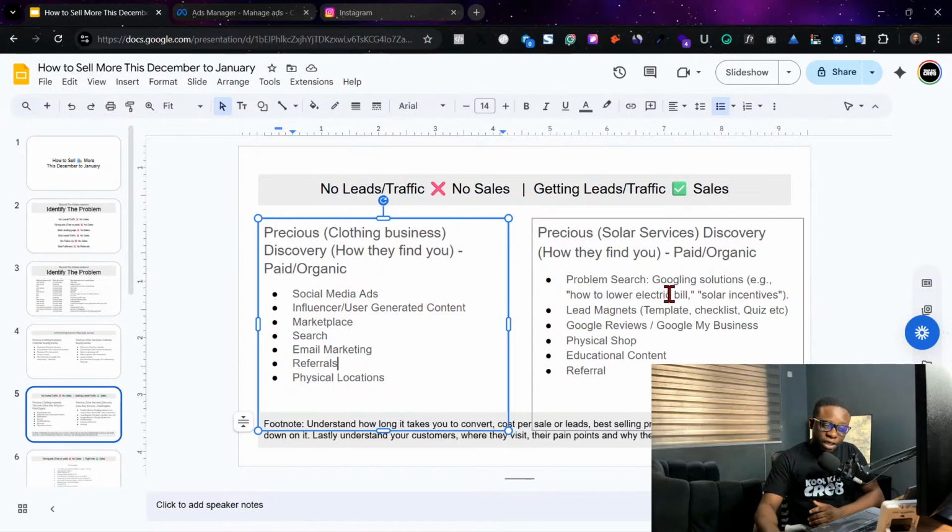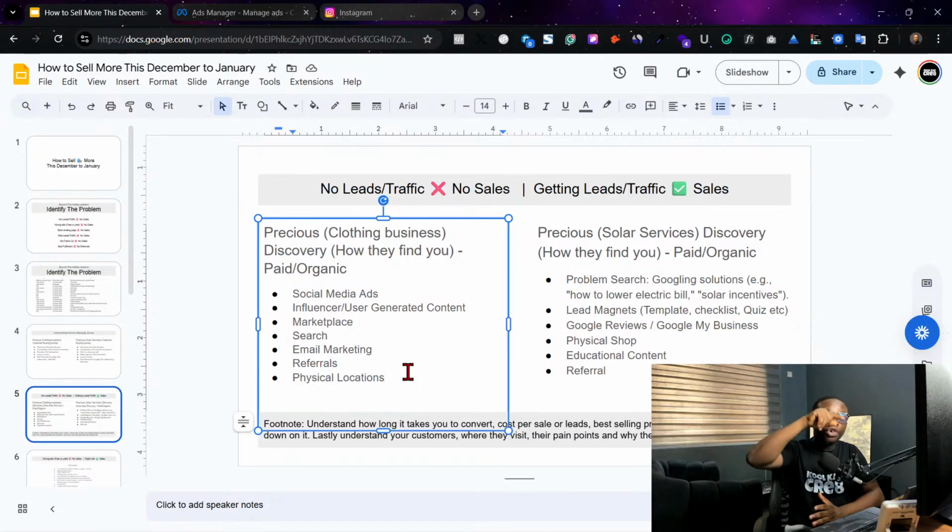Most businesses, especially service-based businesses, rely heavily on referrals, but you can go more than that. Physical location, yes: if you don't want to sell only online, you can have a physical location and use online to drive people to it. A lot of shops are actually doing that.